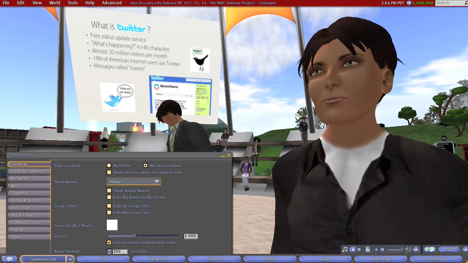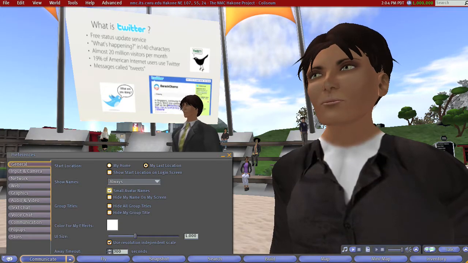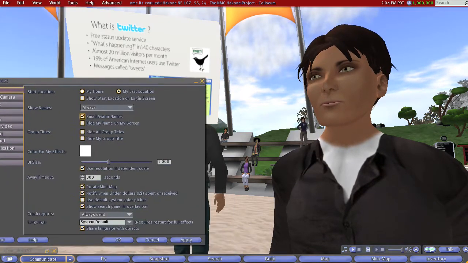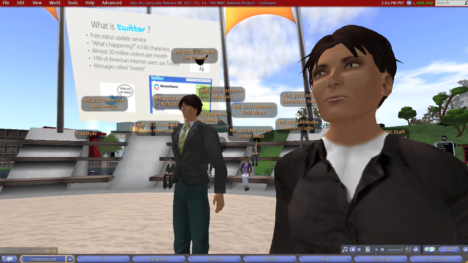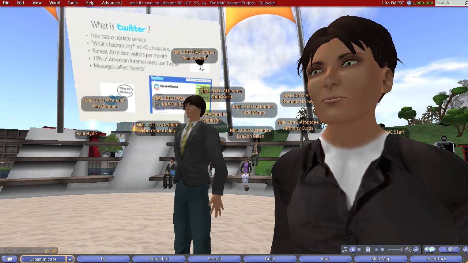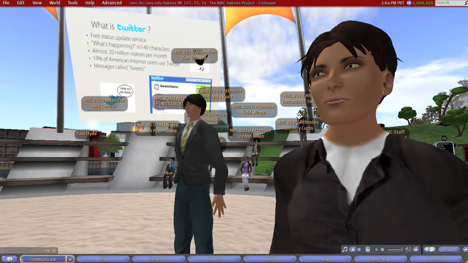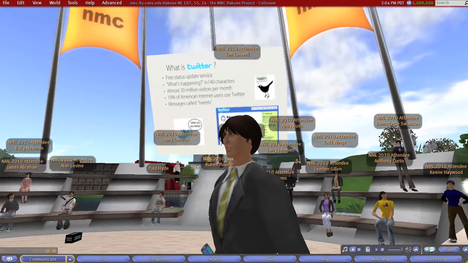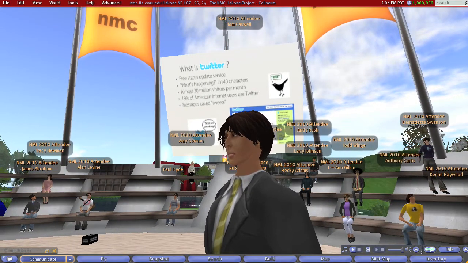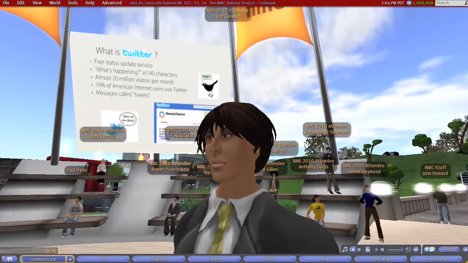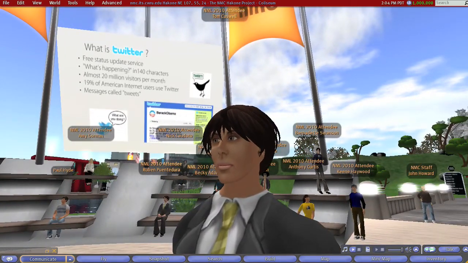Okay, so I don't think we're going to have to spend very much time explaining Twitter to this crowd, but I think there are a few things that we want to just highlight as we talk about why we chose Twitter for the TwHistory project. So of course, Twitter is a status updating service, and most people use Twitter to answer the question, what's happening.